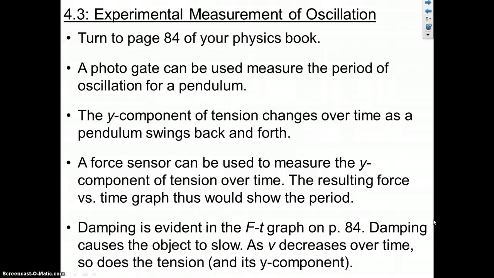So as the velocity decreases, the tension also decreases. Okay? Therefore, its Y component decreases, and this means that the maximum Y component of tension gets smaller and smaller, which is why those crests in the graph are getting less and less high.